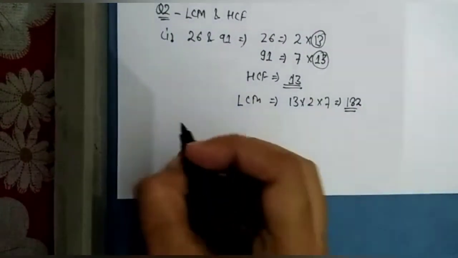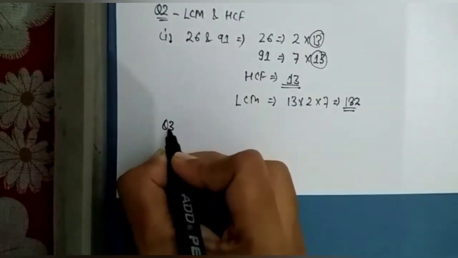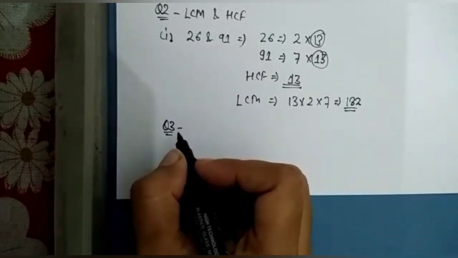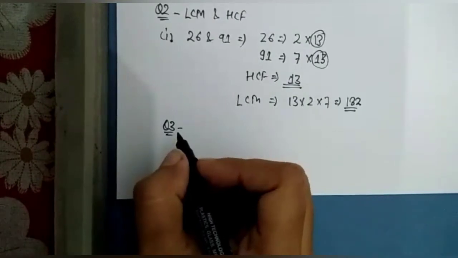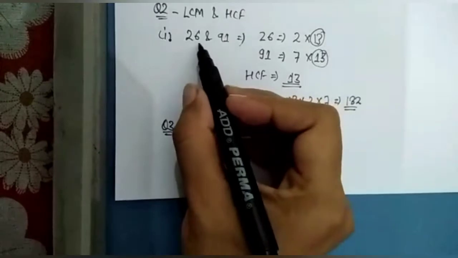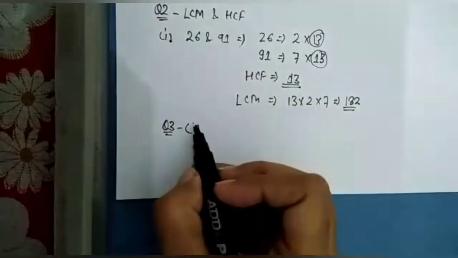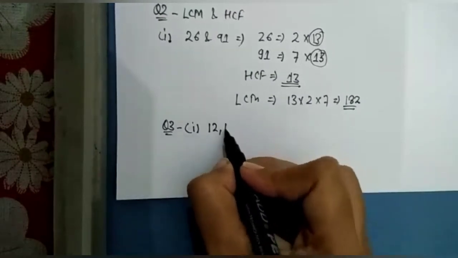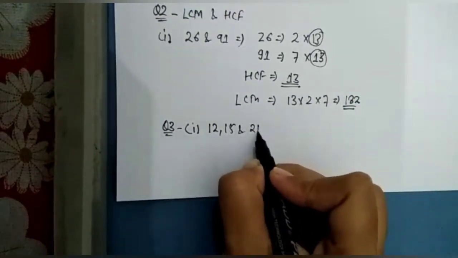Now come to question number 3 of this exercise, that is, find the LCM and HCF of the following integers by applying the prime factorization method. This is the same question, but in the second question there are 2 numbers and in the third question there are 3 numbers: 12, 15 and 21.